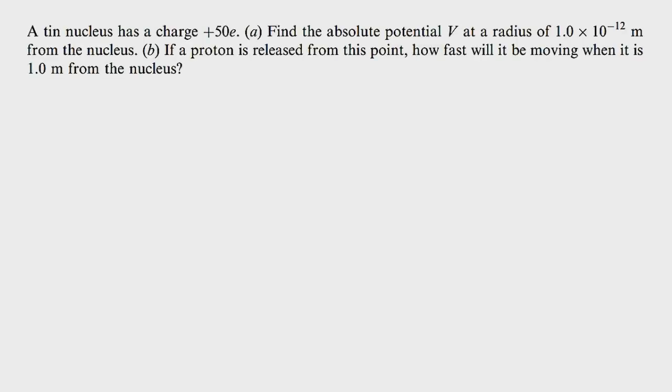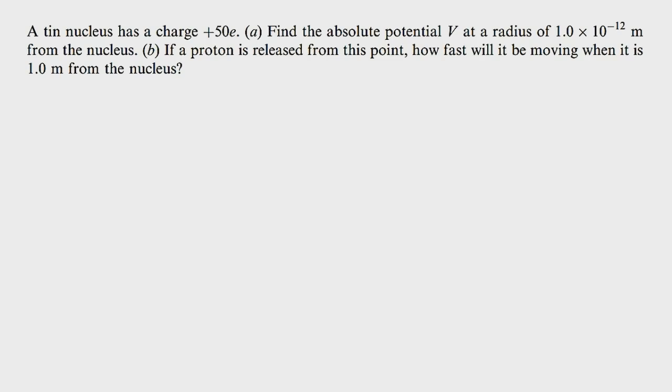We will now apply the formula that was presented earlier in our problem today, and that would be about a tin nucleus. When we speak of a nucleus, that comprises the particles of protons and neutrons.